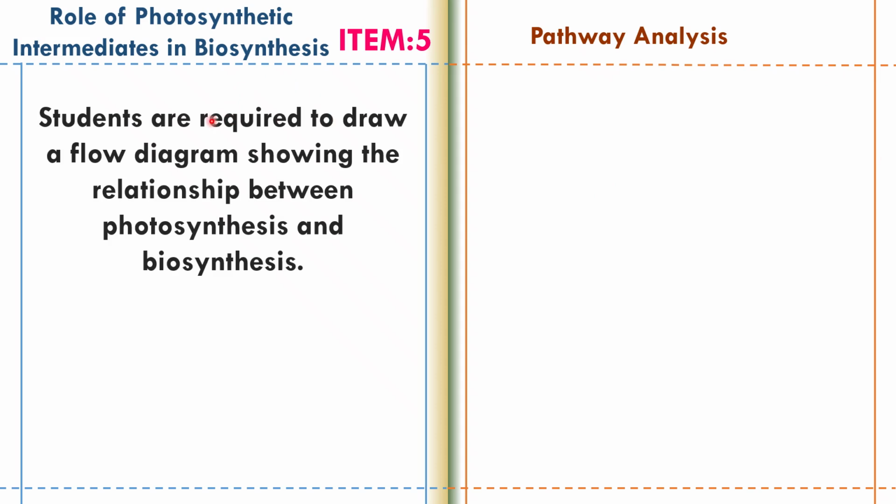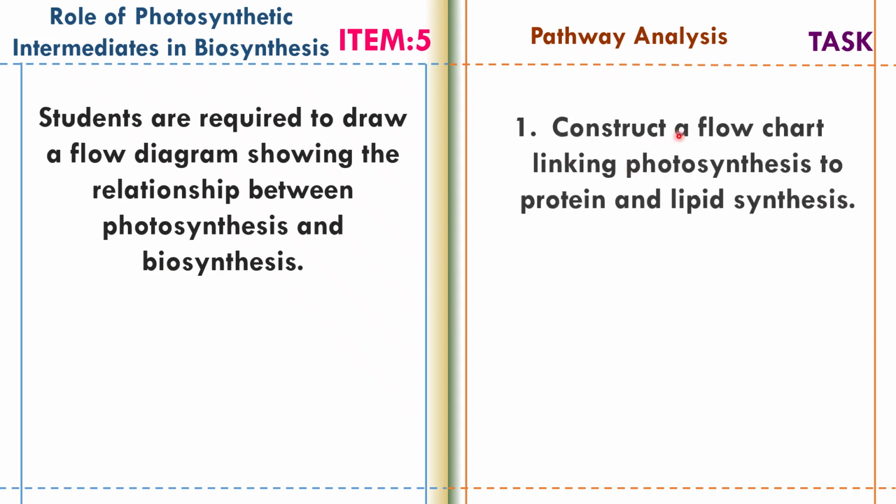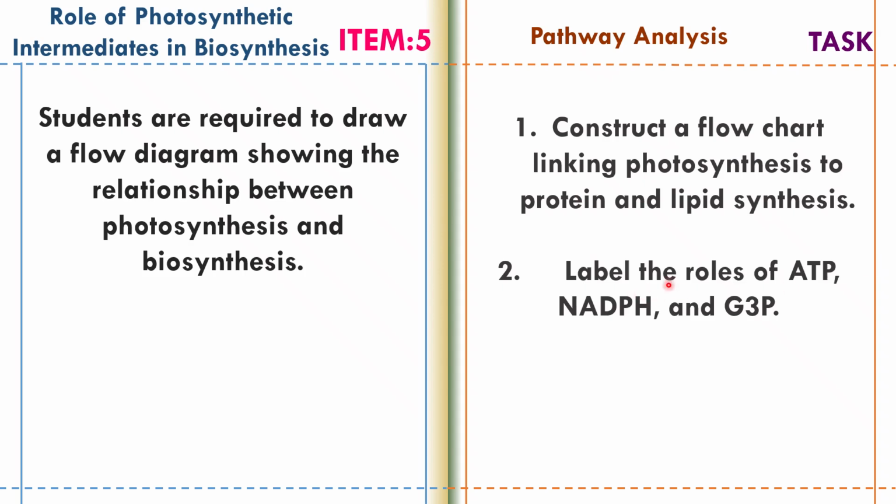Students are required to draw a flow diagram showing the relationship between photosynthesis and biosynthesis. Task: construct a flowchart linking photosynthesis to protein and lipid synthesis. Label the role of ATP, NADPH, and G3P.